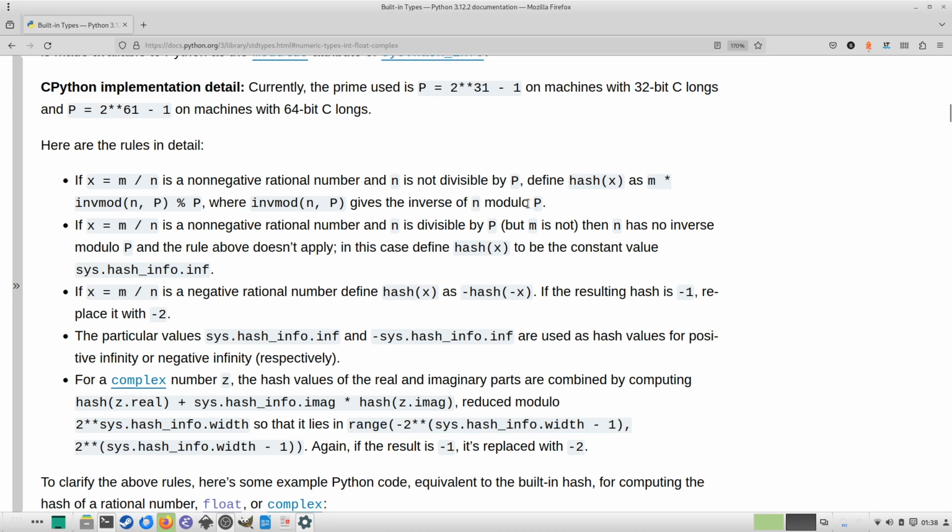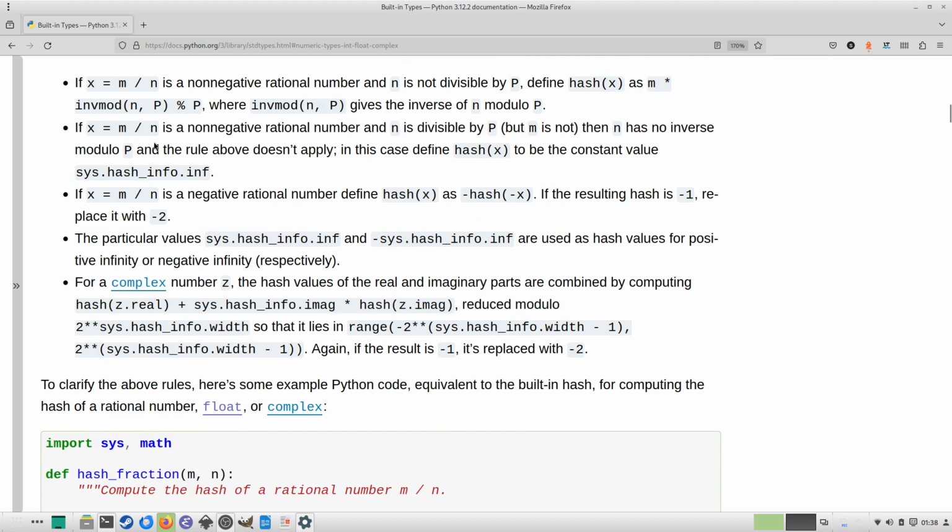Okay. So m times 1 modulo P would give us m. As long as our n is 1, the hash of m would be the number itself, provided it is less than 2 to the power 61 minus 1.